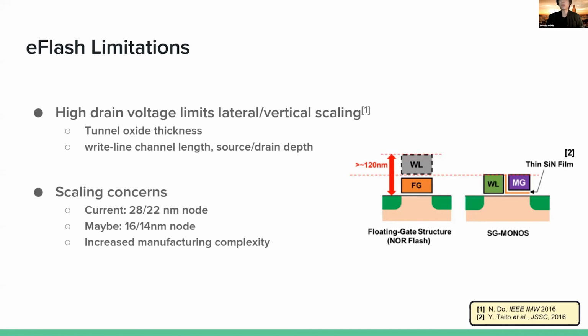And so you just have trouble scaling down channel length and your oxide. And one thing I forgot to mention is for MRAM, you actually don't have this problem. In fact, you want low voltage because high voltage actually damages your MRAM device. So that is kind of an inherent advantage STT-MRAM has, and that's why it seems more promising for lower nodes.